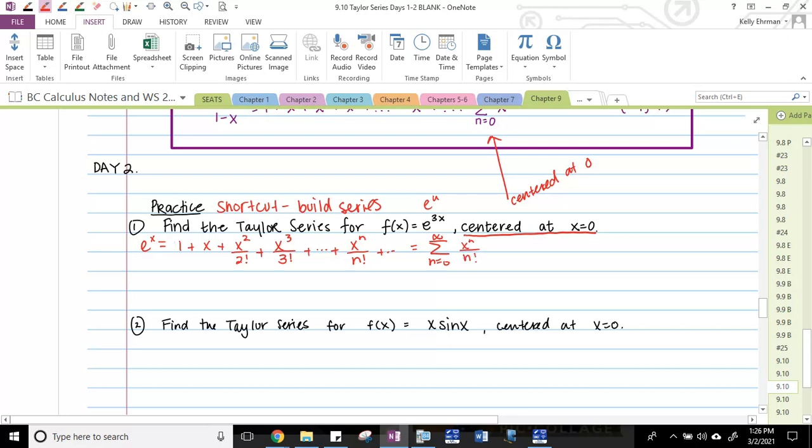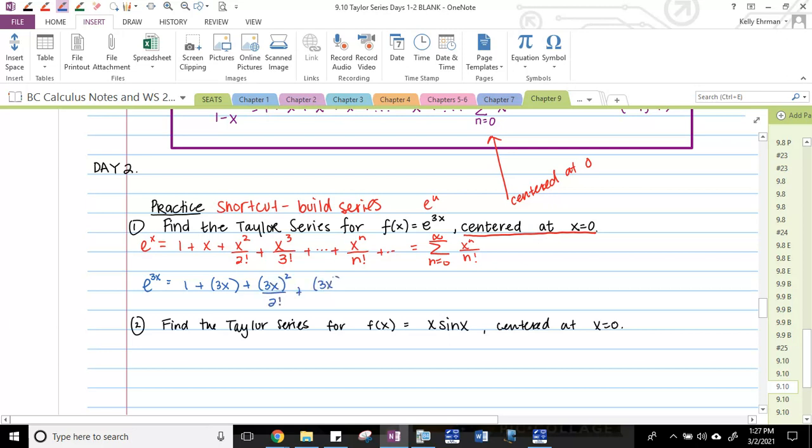If this is e to the x, and I want to build a power series for e to the 3x, as long as I'm still centered at 0, it's easy. If this had been centered at 1, I'd have to go back to the old method of finding derivatives. But here, since I'm still centered at 0, it literally means plug in 3x for all of these x's. So this is still 1. This is now 3x. This is 3x, the quantity squared, over 2 factorial.